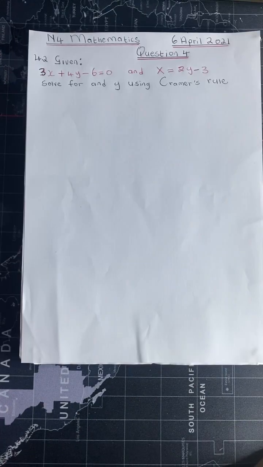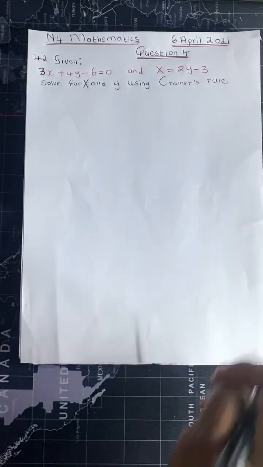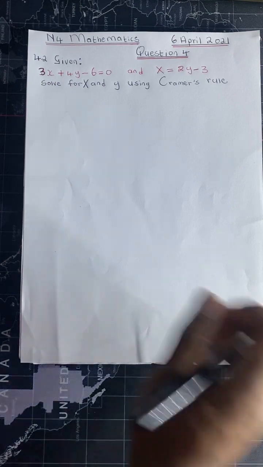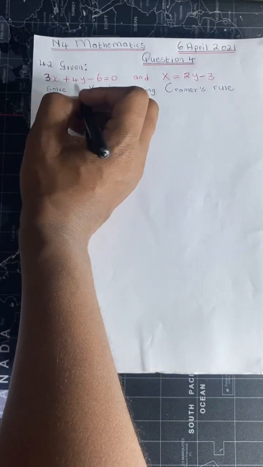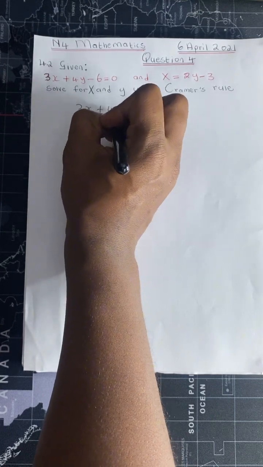Question 4.2, we are given 3x plus 4y minus 6 is equal to 0, and x is equal to 2y minus 3, and we are told that we have to solve for x and y using Cramer's rule. So we have to arrange this as 3x plus 4y.